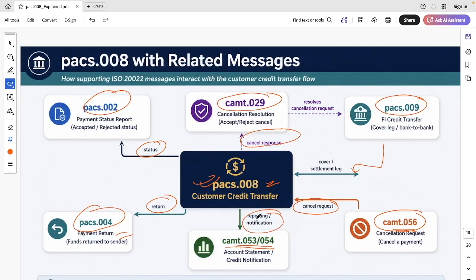Now I will try to bring separate videos for each of these messages in the upcoming days. So your end-to-end test cannot stop at pacs.008. You need to understand the response, the return, cancellation, and reporting messages too. That brings in all other associated ISO messages.